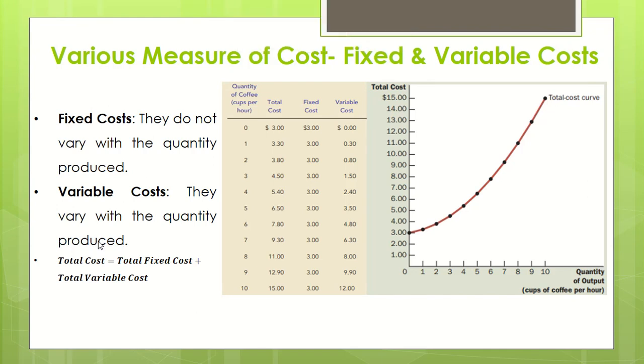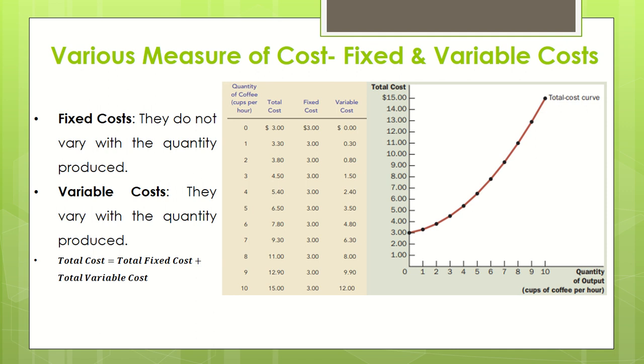In this lecture, we are going to discuss the various measures of cost. Cost of production may be divided into two parts, that is, fixed cost and variable cost. First one is fixed cost, and fixed cost is that cost which is fixed in short run, means it cannot be changed in short run.